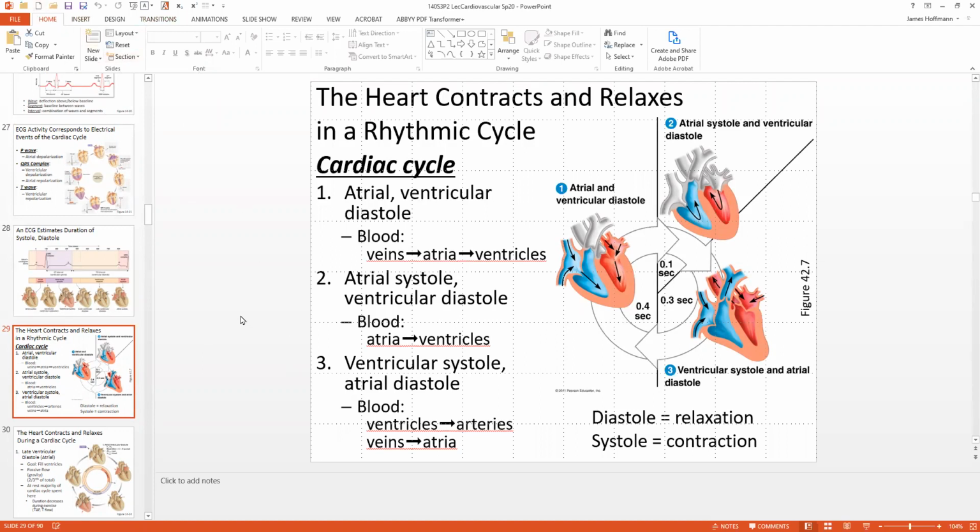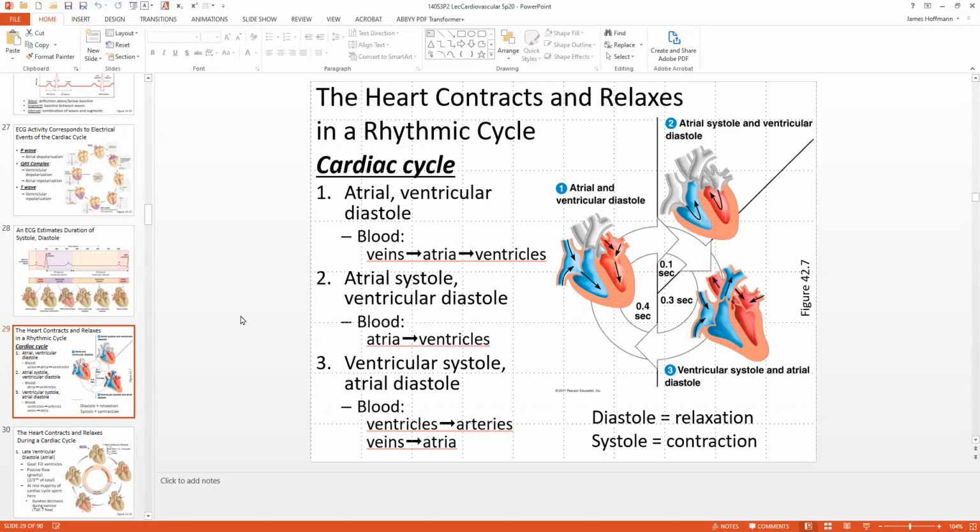When we look at the cardiac cycle, we can start theoretically anywhere because it's a cycle and it's always going to come back around. But the cardiac cycle basically determines when we have filling and when we have ejection of blood, and then the times when we don't have any change in volume of blood, okay?